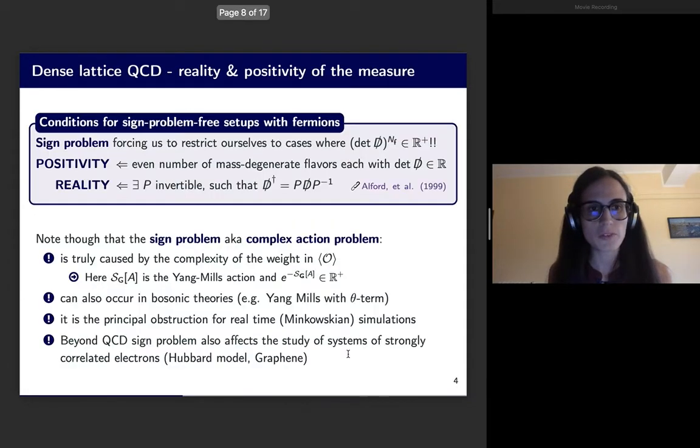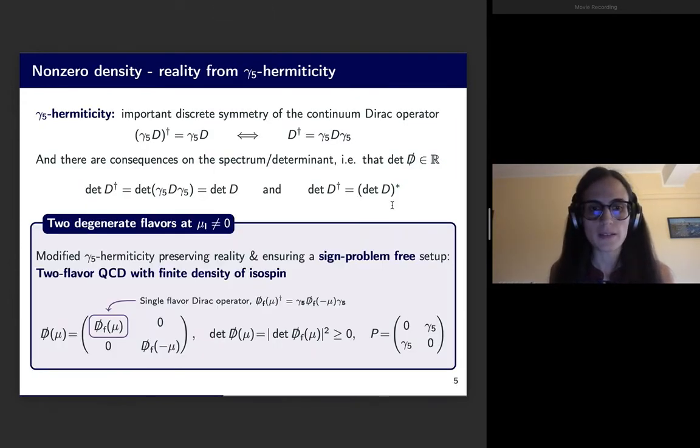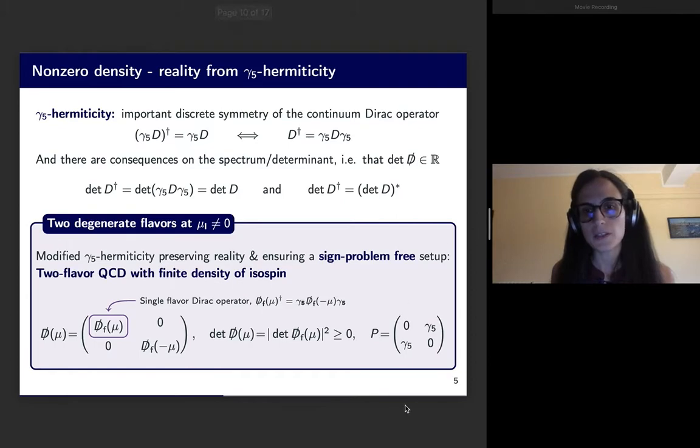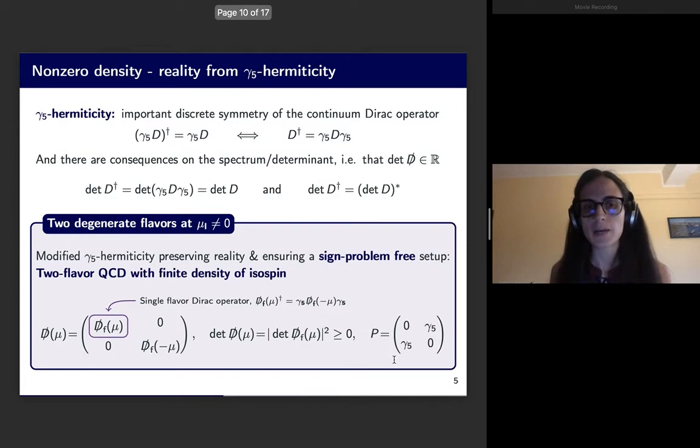Or if we want to phrase it in the language of the condition a la Alpha et al., there exists a matrix P which is invertible that ensures that you can get D-slash dagger out of P D-slash P^-1, and that P is the matrix I'm writing down here on the slides. So this is one example of when gamma 5 hermiticity is modified, but in a way that for the full Dirac operator, still reality and positivity are preserved.